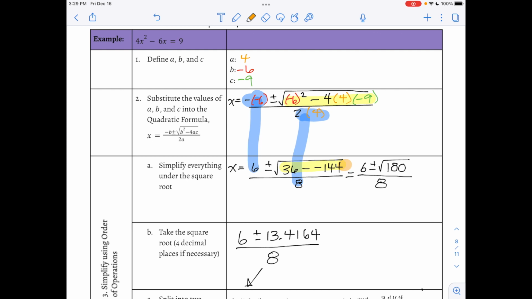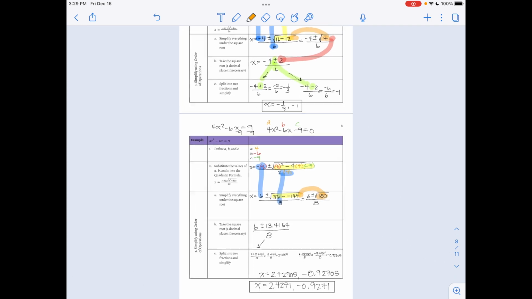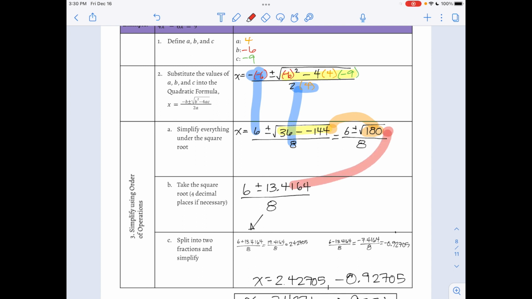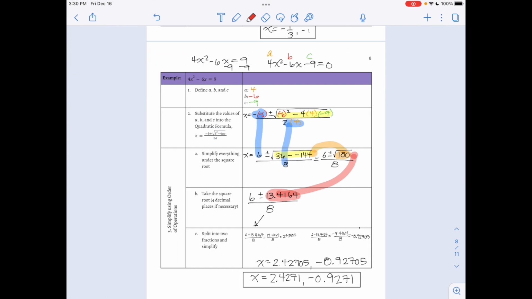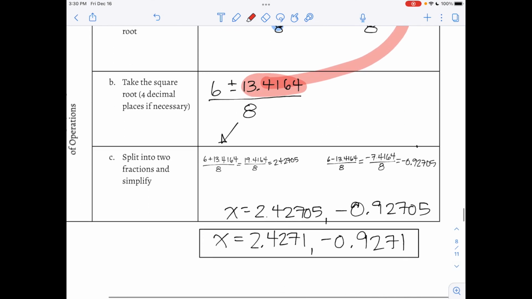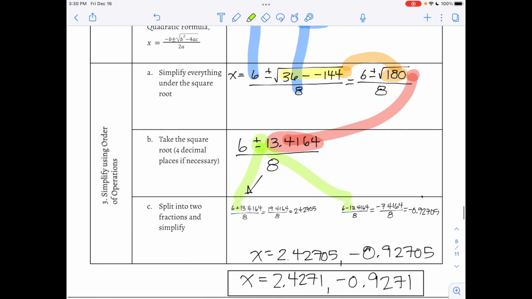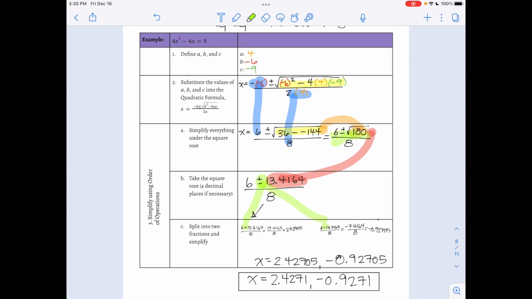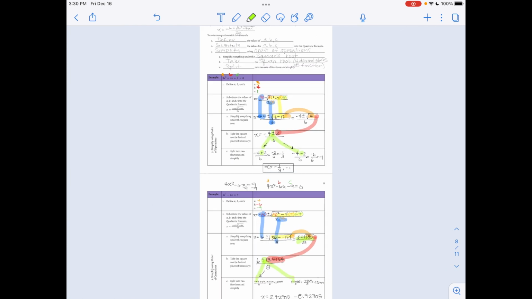This became this. This became this. And finally, this changed to this. So you can see the flow of how we're simplifying things. So those are two different examples of using the quadratic formula.